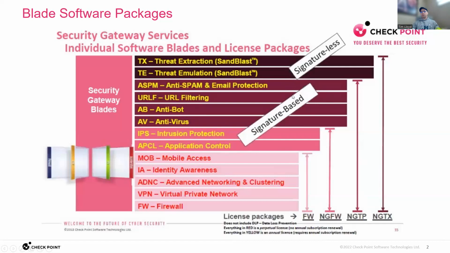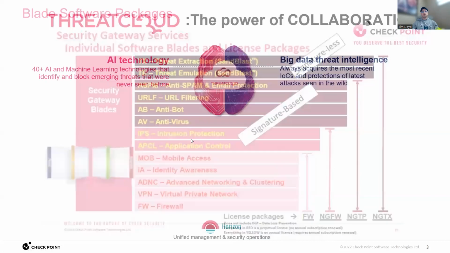And if you want to have the top threat prevention capability, then that's NGTX, signatureless threat prevention technology, which is based on emulation and extraction. So that's where we're going. We're going to be looking at NGFW, and we're going to be looking at IPS.